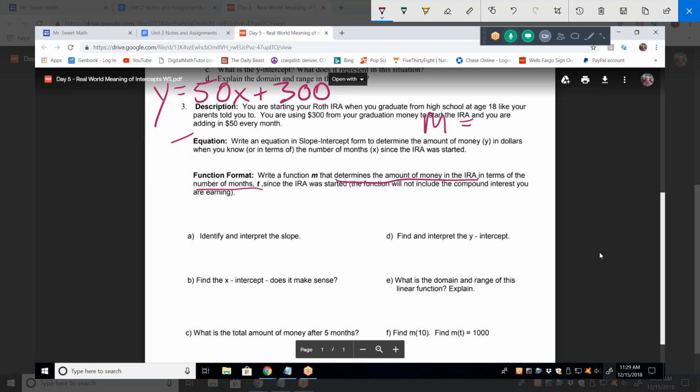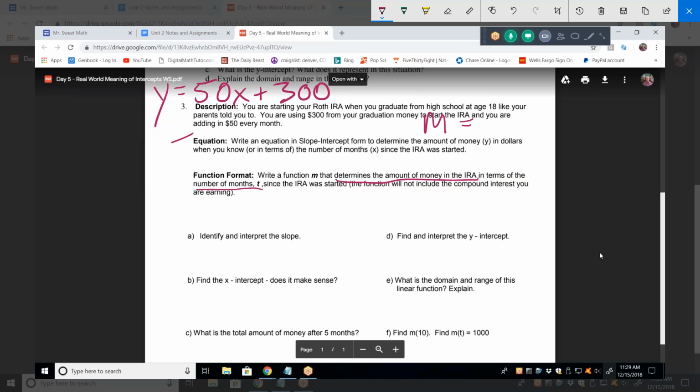So what is m? Don't confuse m with slope. It's not. M is just a totally different variable. Is it number of months in time? Okay, so what's the equation going to be?